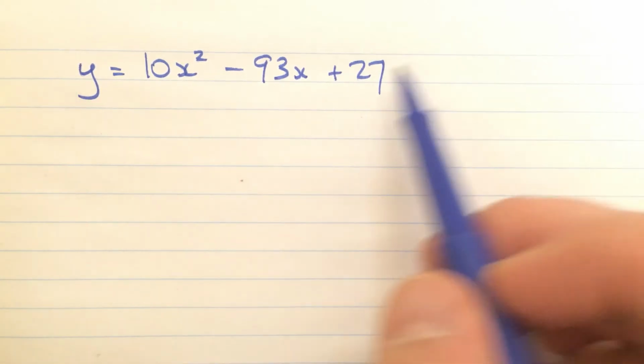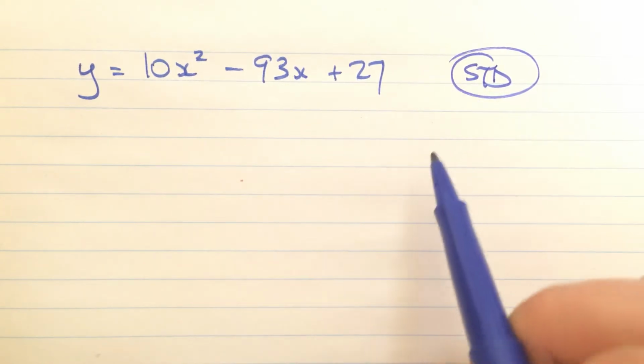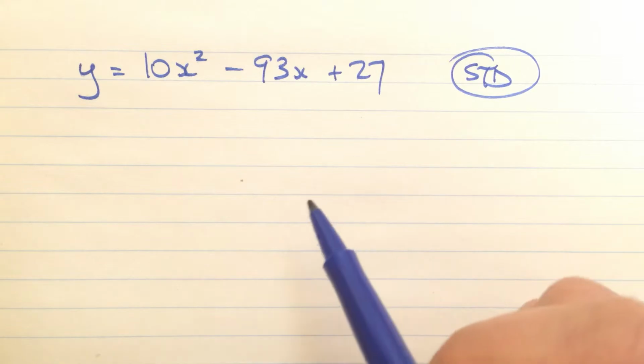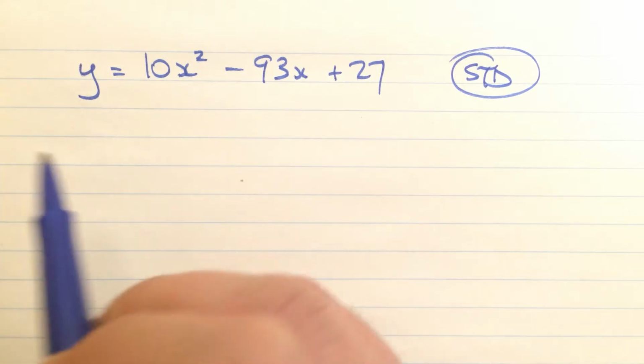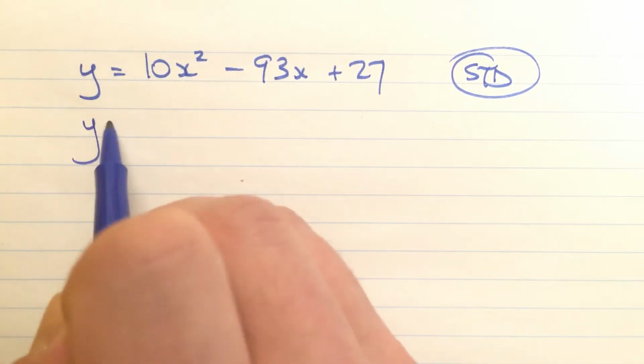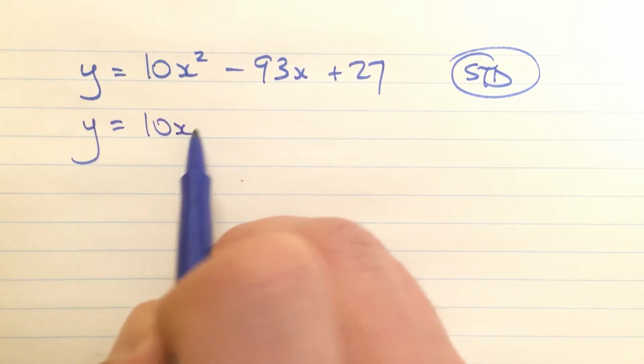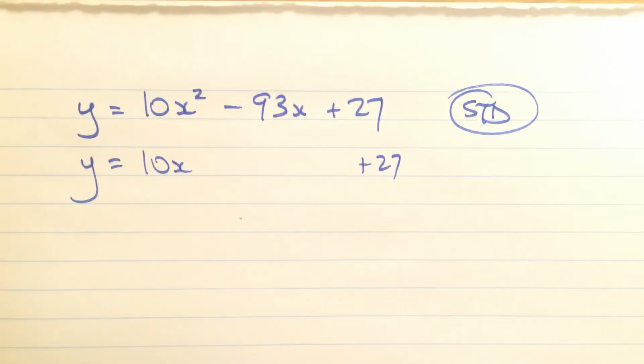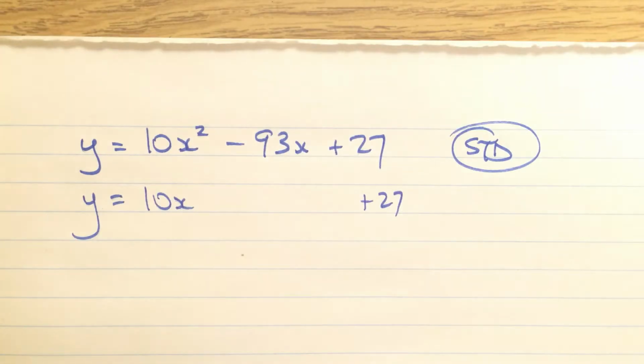The first thing I'm going to do, this is standard form. So let's factor this. I'm going to use decomposition. There's more than one way to do the factoring, of course, but I like decomposition. It works well. So I'm looking for two numbers to replace the 93x with, and I want the two numbers that I write in the middle.